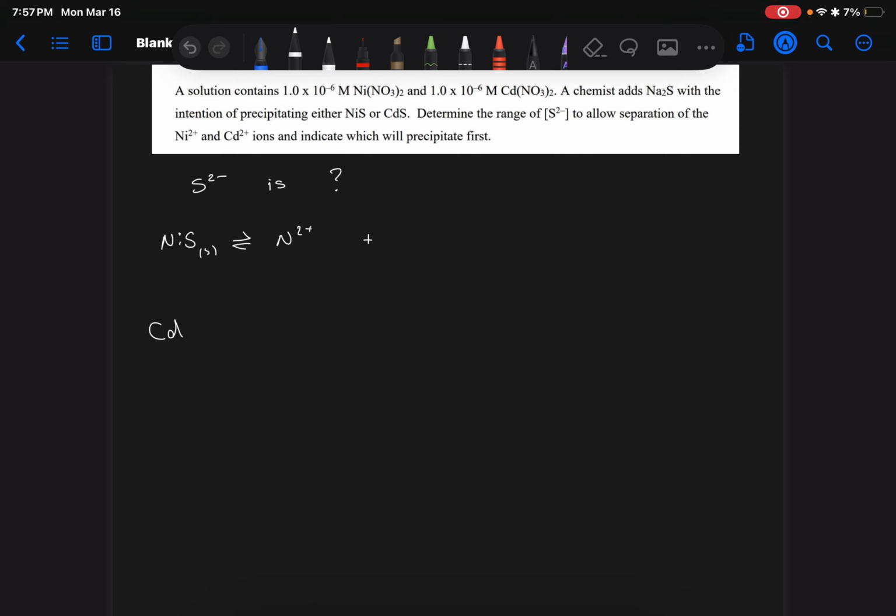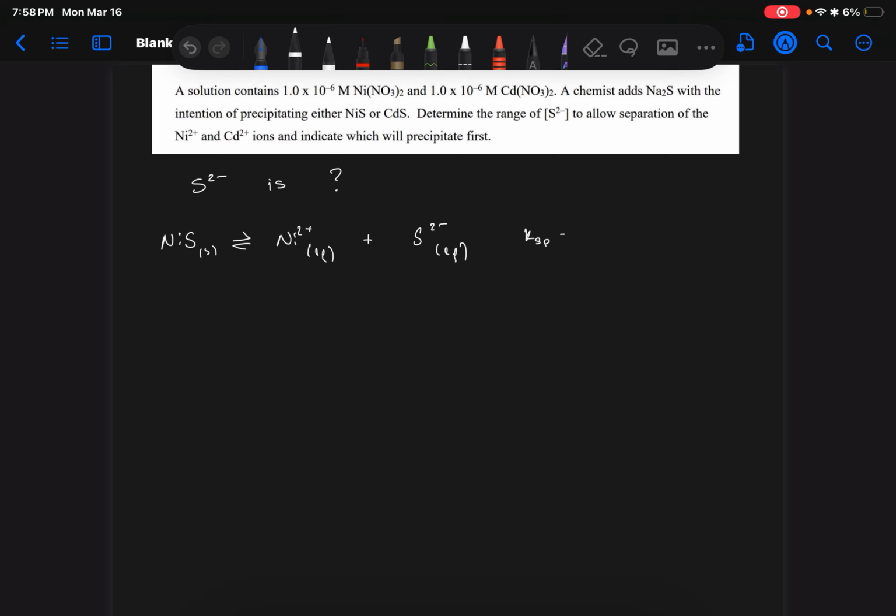Nickel sulfide is what we're looking at, that's what the precipitate will be, and we need to find out what the Ksp is to find out how much sulfide ion we need in order for that precipitate to be formed, if that makes sense.